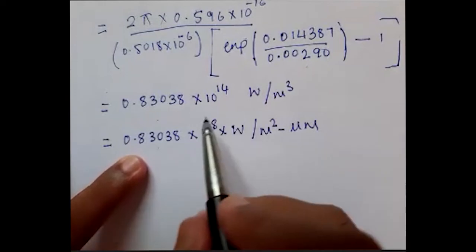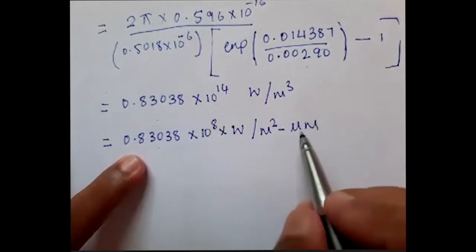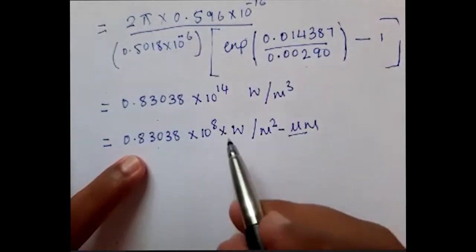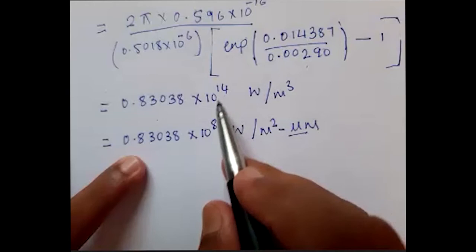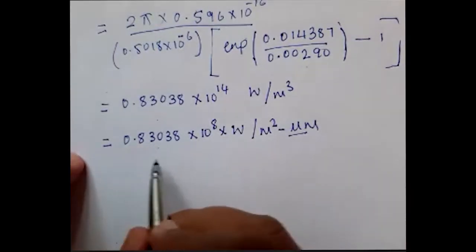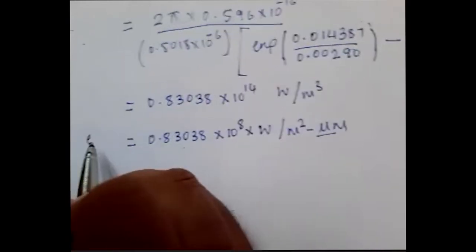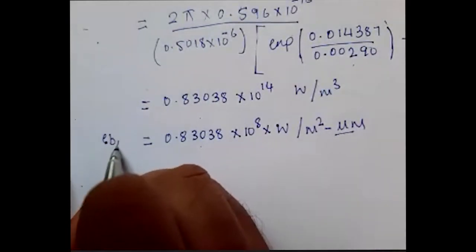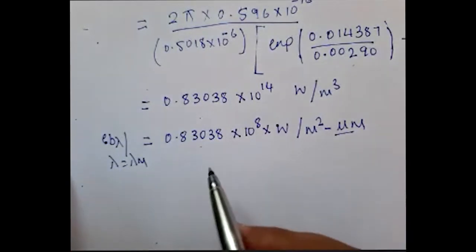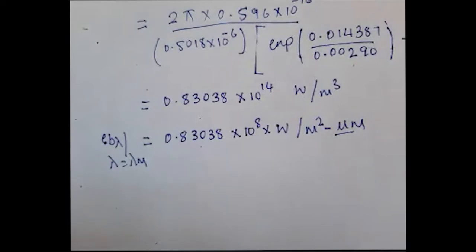What I did, I have divided this by 10 raised to 6, so we are deducting 10 raised to 6 from this 10 raised to 14. So for us, EB lambda at lambda is equal to lambda m at the sun surface is 0.83038 into 10 raised to 8 watt per meter square micrometer.